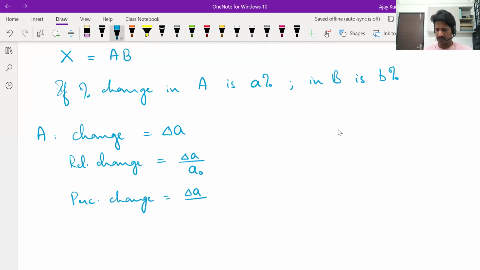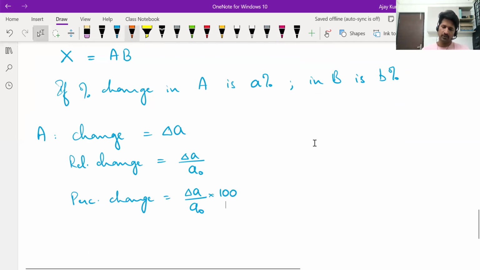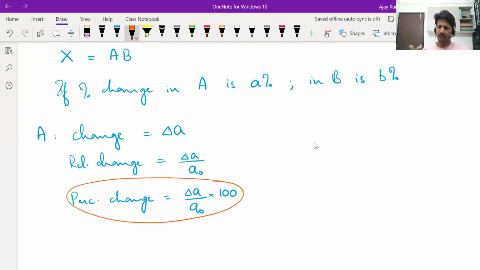So delta A by A naught into 100. Same with B, same with X. Now what we are looking for is this. We are not looking for percentage change in A, that is known to us. In terms of that, we want percentage change in X. So what we are actually looking for is delta X by X into 100.